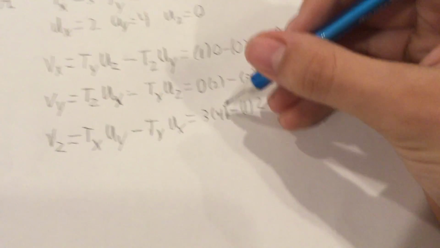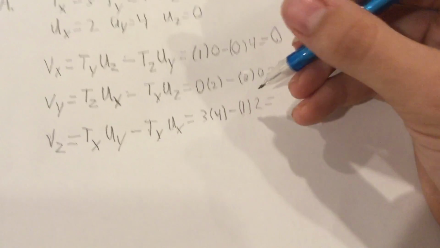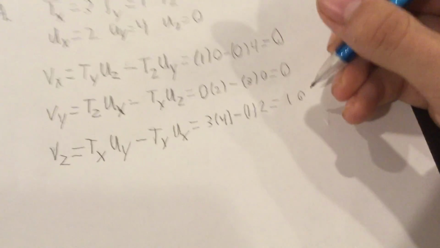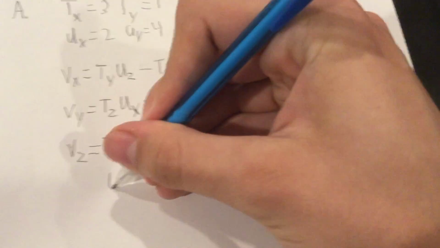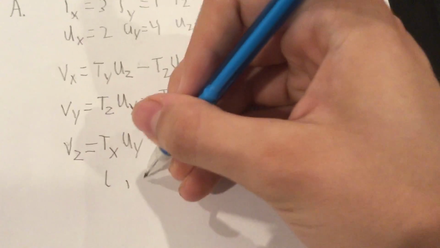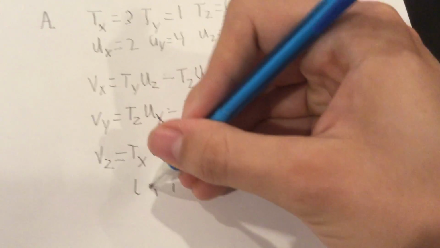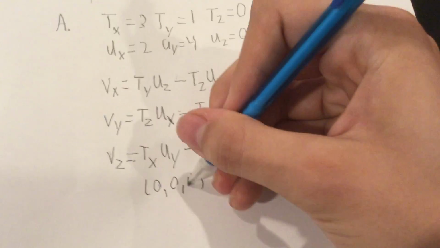So 3 times 4 is 12, minus 2, that's going to be 10. So the vector component for v of z is 10. We can write these out as coordinates, and we'll see that the coordinates are 0, 0, 10.